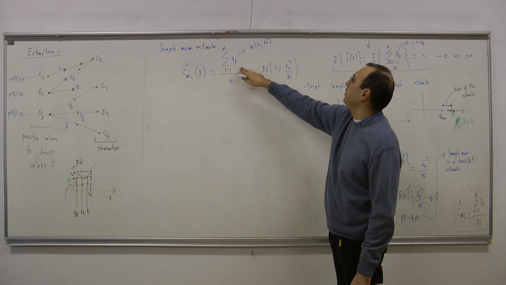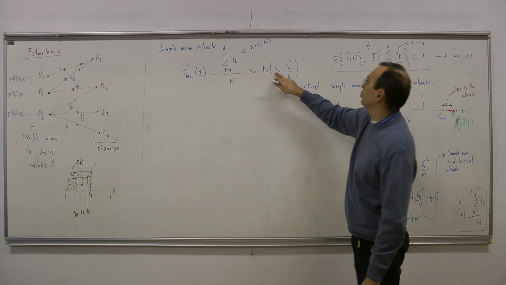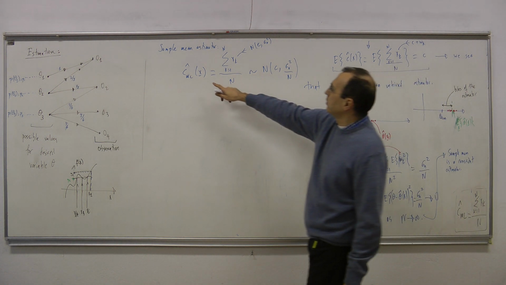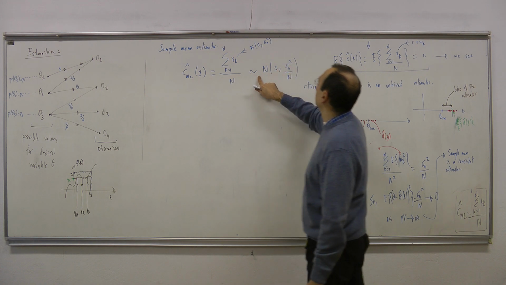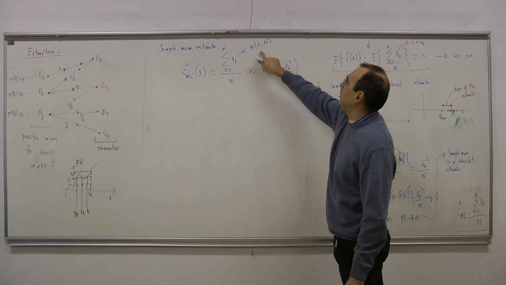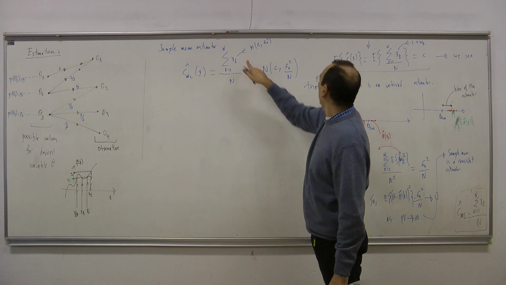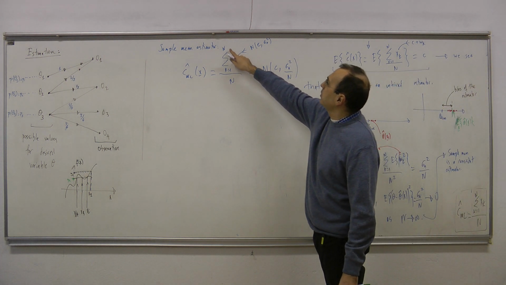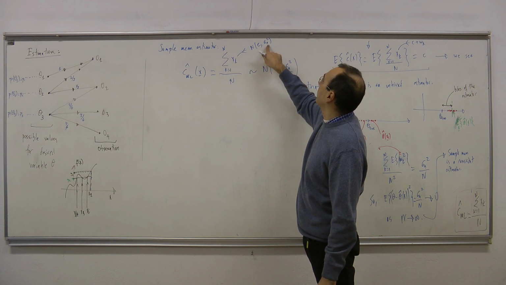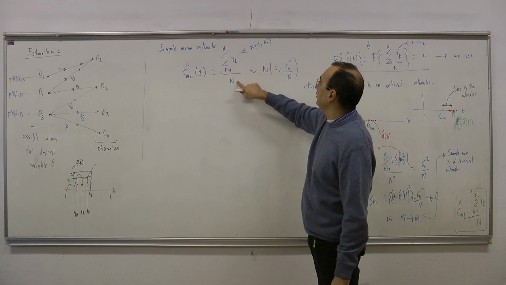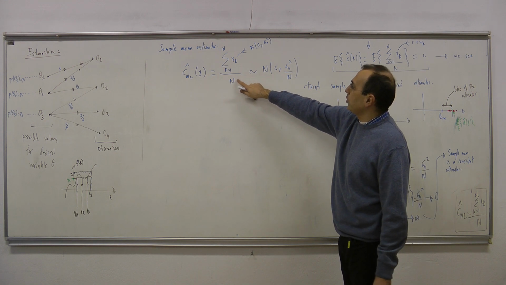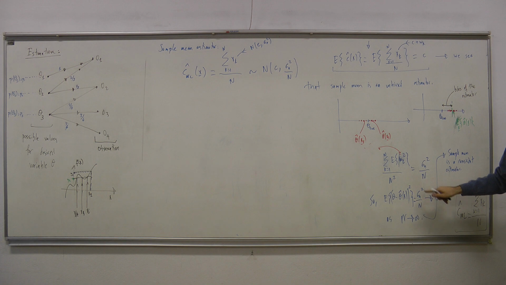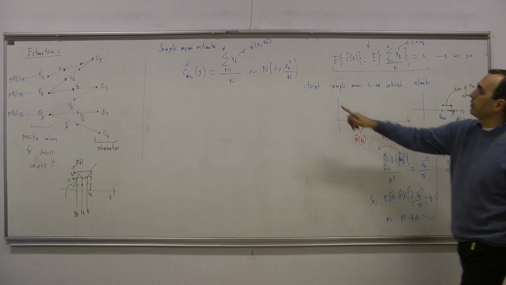The mean we have calculated, because it's unbiased, it is C. What is the variance? Forget about the mean for the variance calculation. Exactly this calculation: the variance of the numerator is n times sigma n squared, and in the denominator I have a factor of 1 over n, so the same calculation happens and I get this.